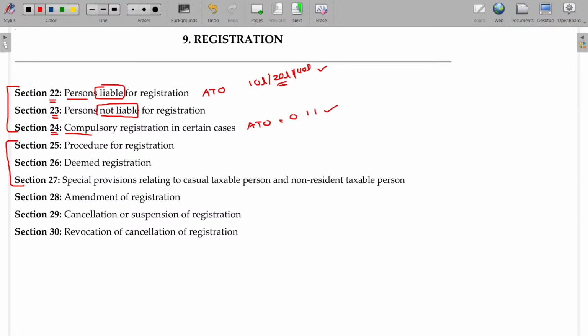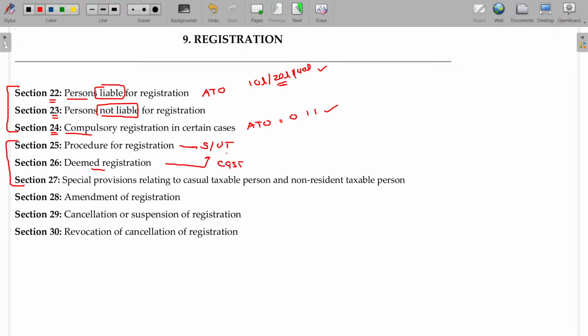Once the application in Tamil Nadu state is accepted and a GST number is issued, automatically your number is registered in CGST also. So that will be called a deemed registration. This will be application for registration to the respective state or union territory. Once it is applied or confirmed there, it will also be confirmed for the CGST.